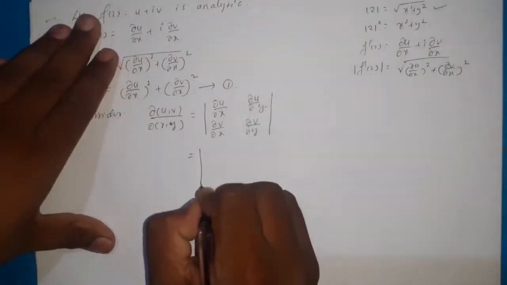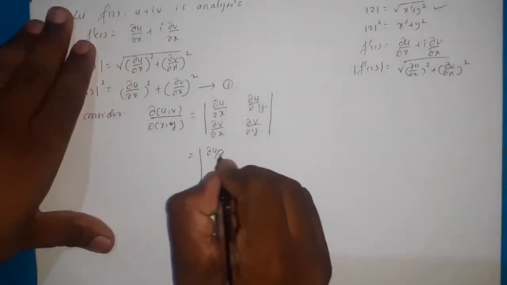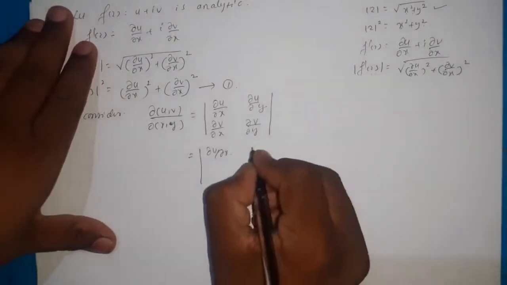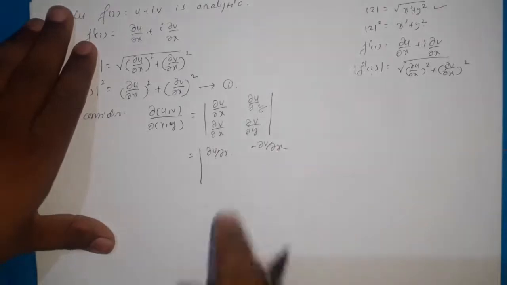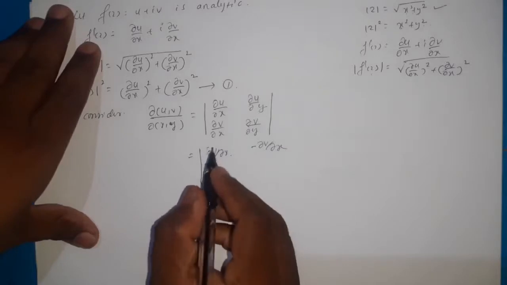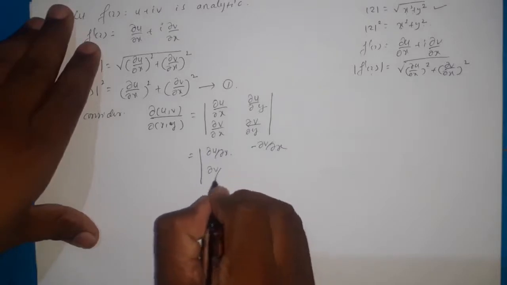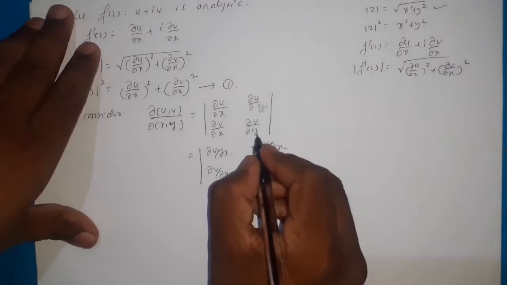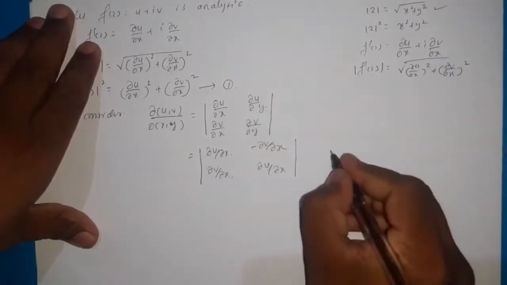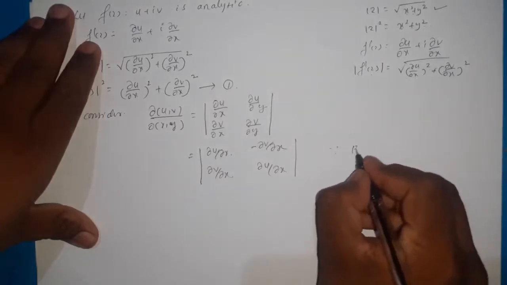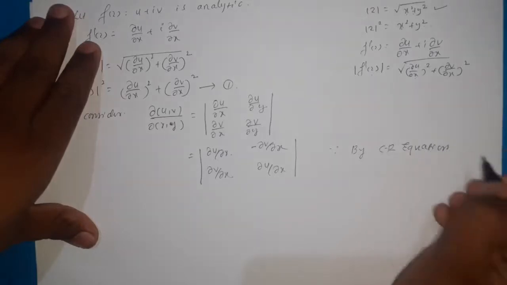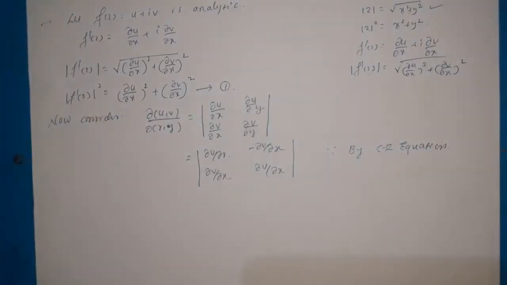So here let us consider ∂u/∂x as it is, and now ∂u/∂y can be replaced by −∂v/∂x by the CR equations, and ∂v/∂x as it is, and ∂v/∂y is equal to ∂u/∂x. So by the CR equations we have made some changes in that Jacobian.